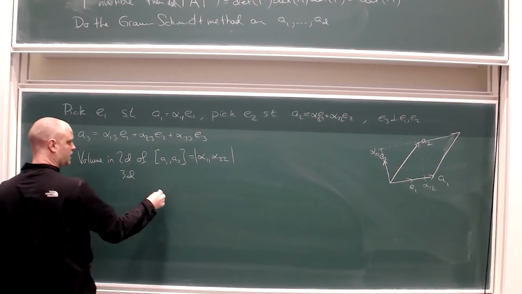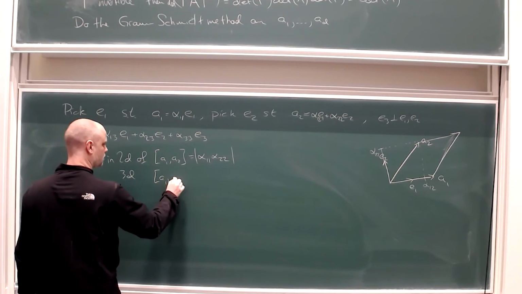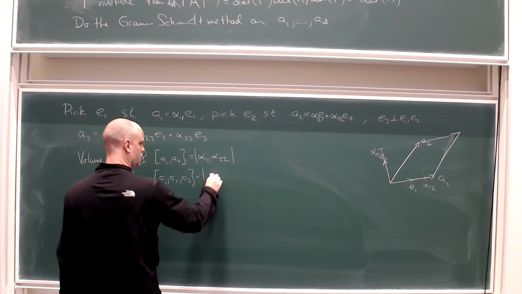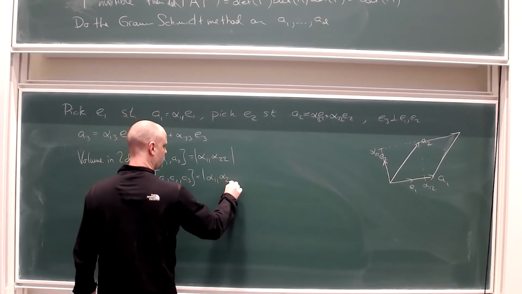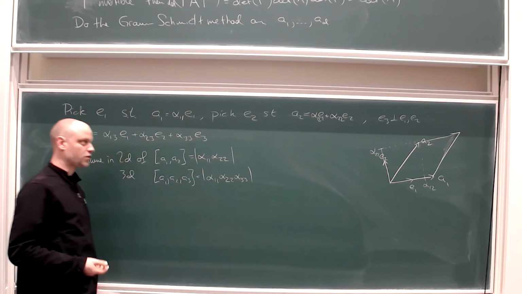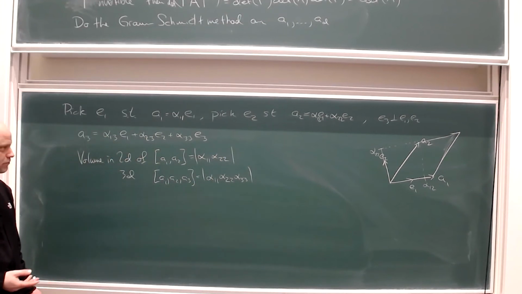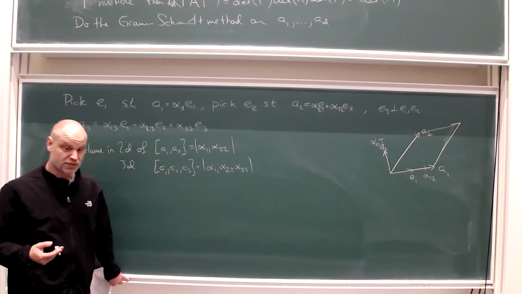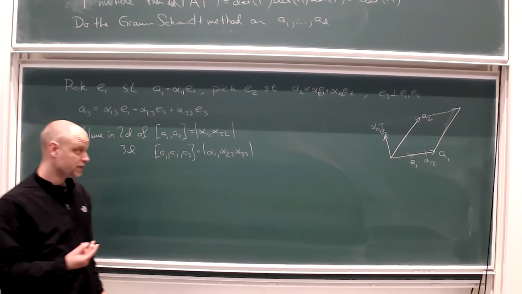So if I do this in 3D, here's the matrix with these three guys. It is alpha 1,1 times alpha 2,2 times alpha 3,3, and so on. Now, what is the matrix A in this new basis?